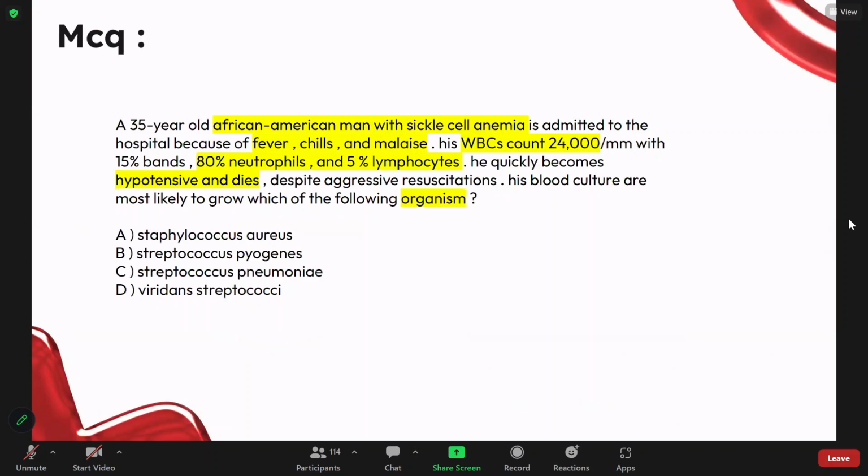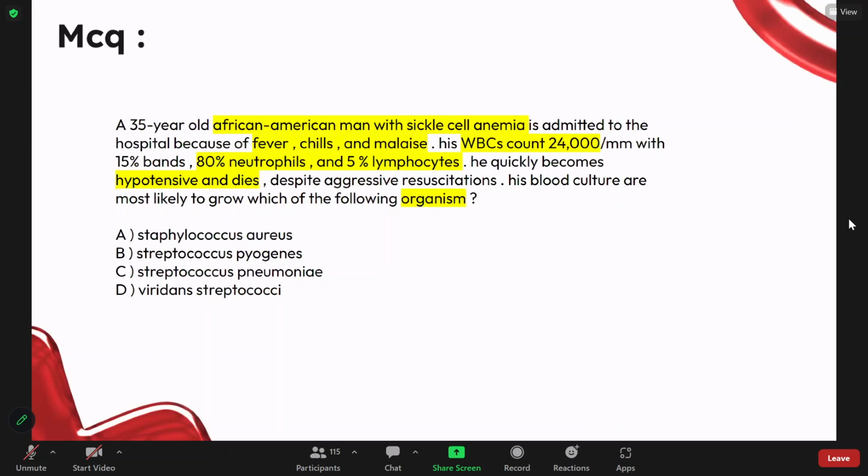Here are the MCQs. A 35-year-old African American man with sickle cell anemia is admitted to the hospital because of fever, chills, and malaise. His WBC count is 24,000 with 15% bands, 80% neutrophils, and 5% lymphocytes.